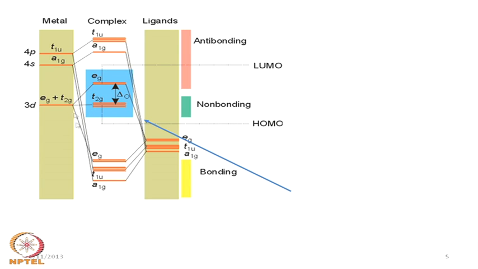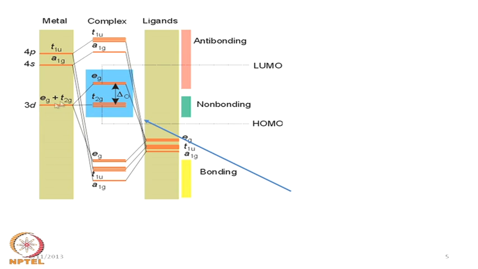This drawing is similar in terms of molecular orbital formation, where the atomic orbitals available from the metal side are the 3d, the 4s and 4p orbitals. The lower level s and p orbitals are also there, but they are all filled and they will not show any kind of interaction.